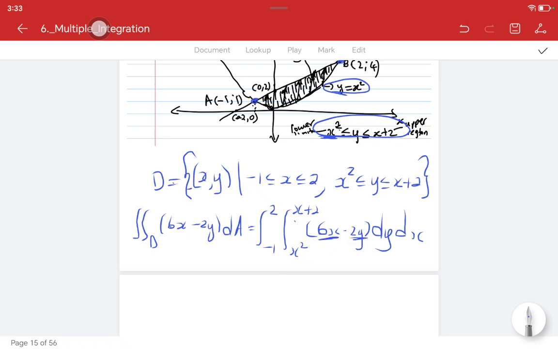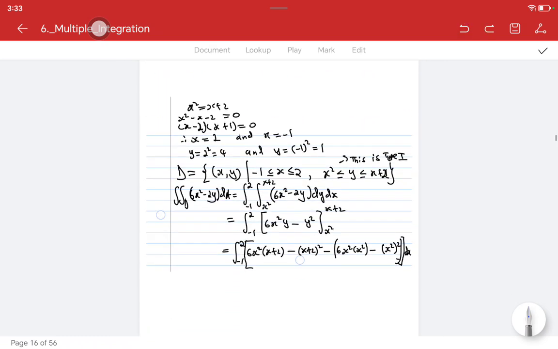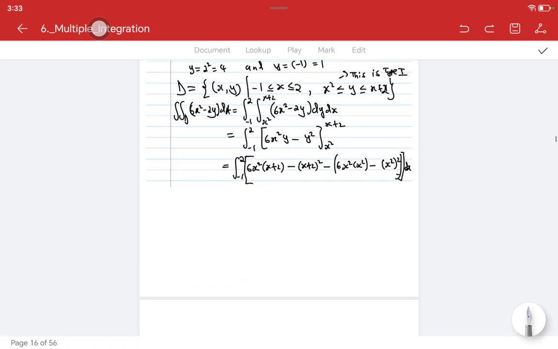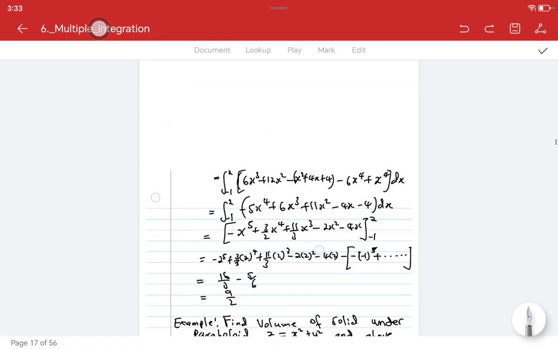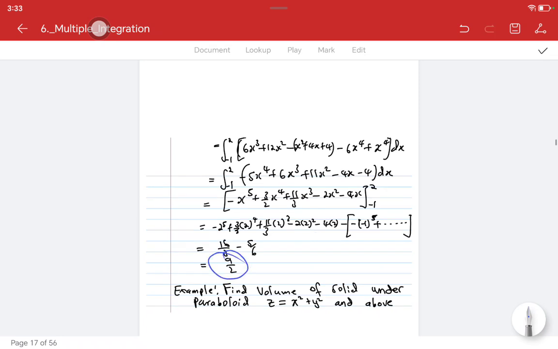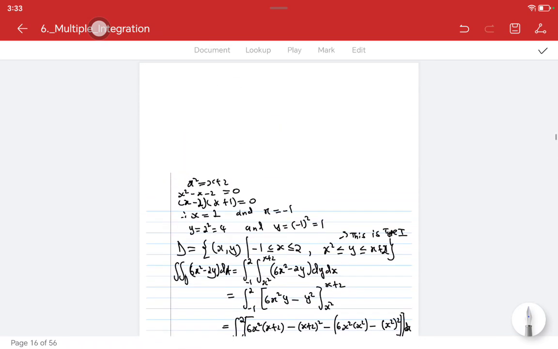This will give us minus y squared, because minus 2y squared over 2 will cancel the 2. So it's simple to integrate. For this one, we don't even have to think twice. We can just use a type 1 region to integrate this. They didn't even bother to change, they use a type 1 region to integrate, they get to the solution, and it's that, right? It's as simple as that.